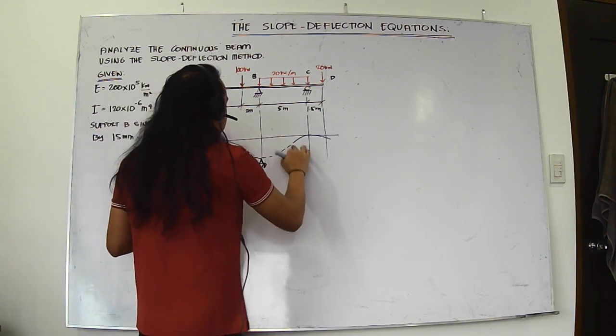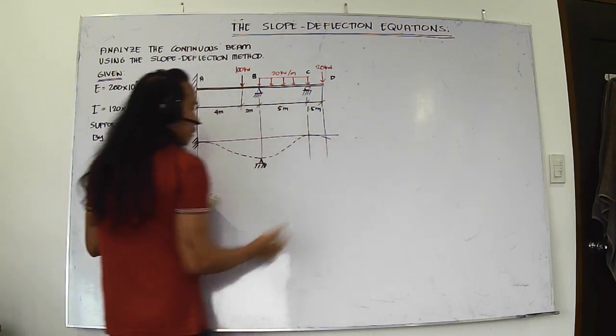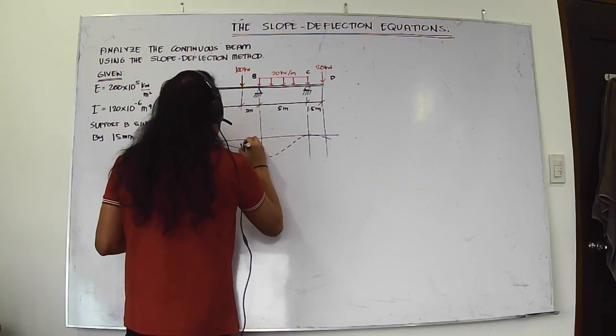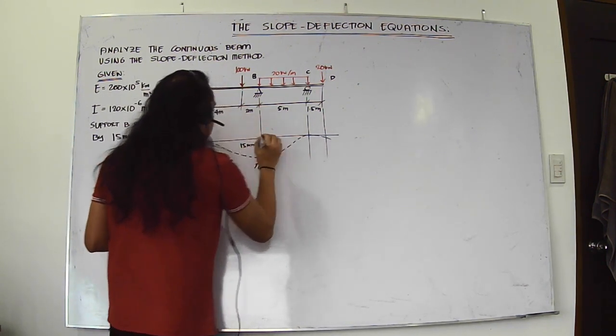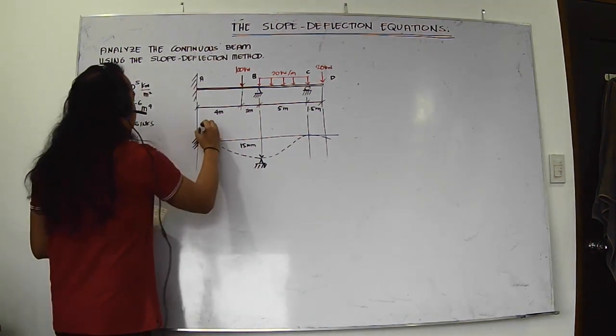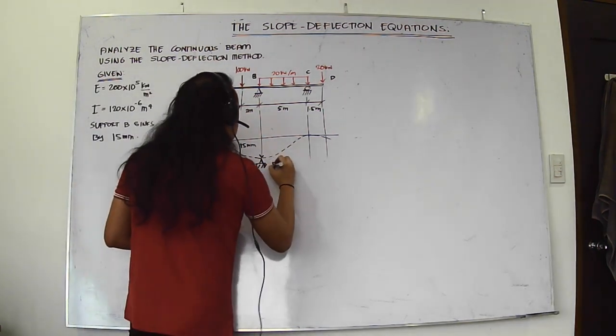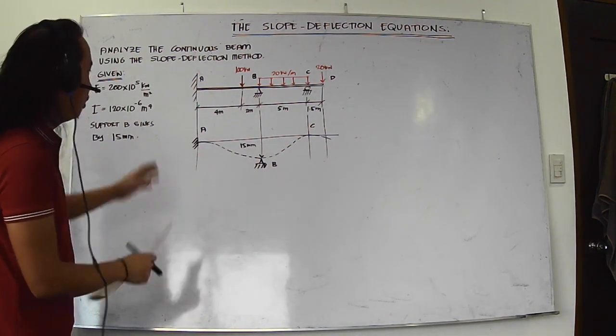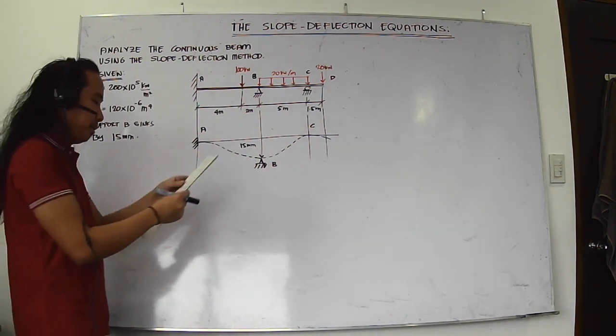Most likely, this is our elastic curve, where B drops by 15 millimeters. Just keep that in mind. Anyway, let's continue and deal with it later.